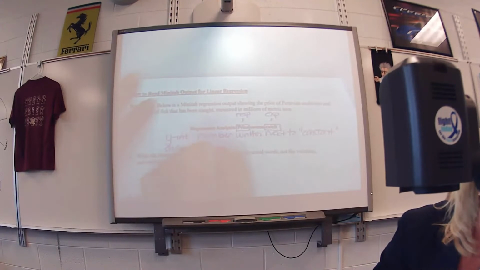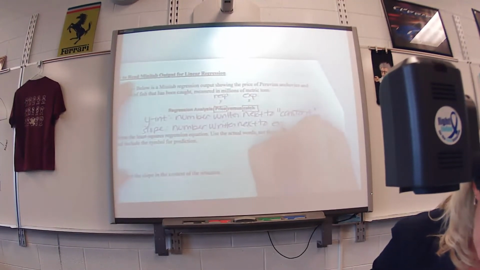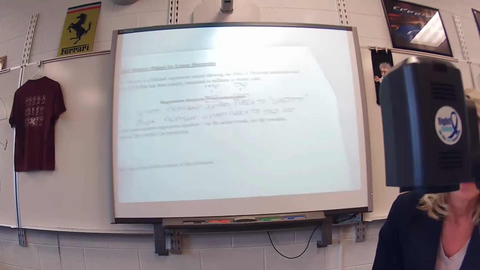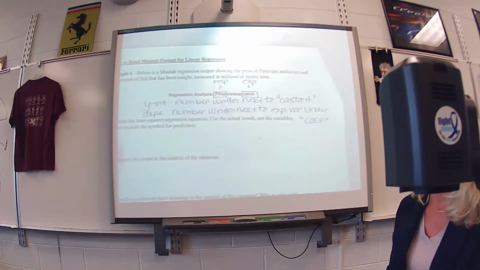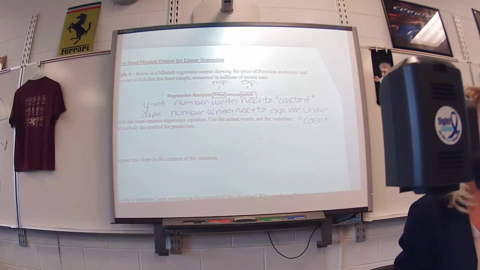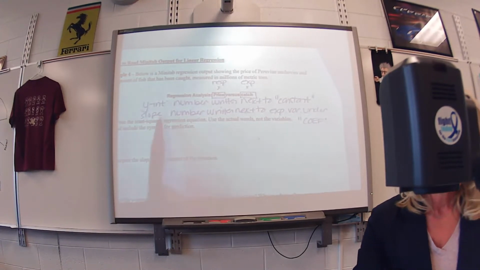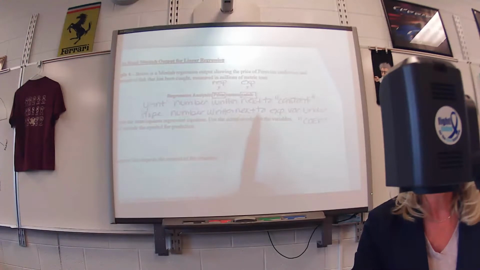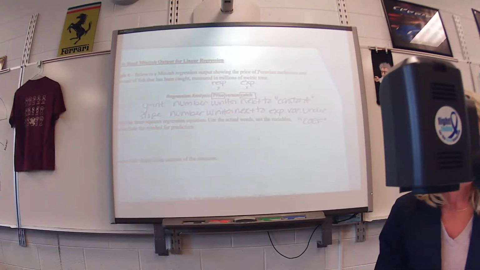The slope is the number written next to the explanatory variable, under the header of coefficient. To remind you, slope is the coefficient on x.